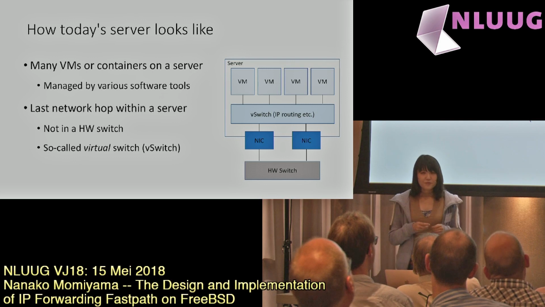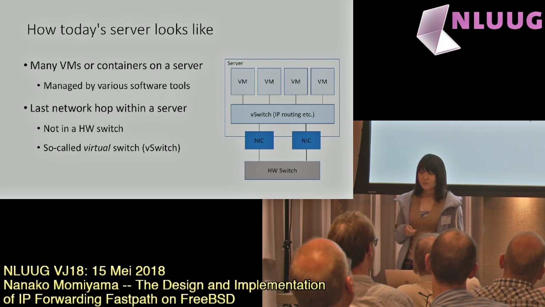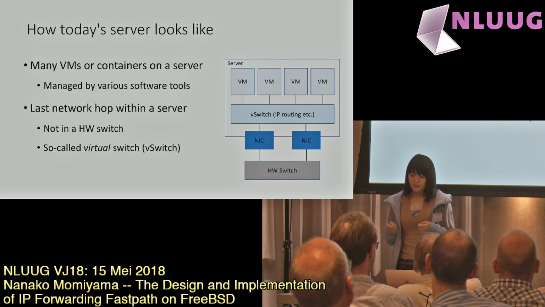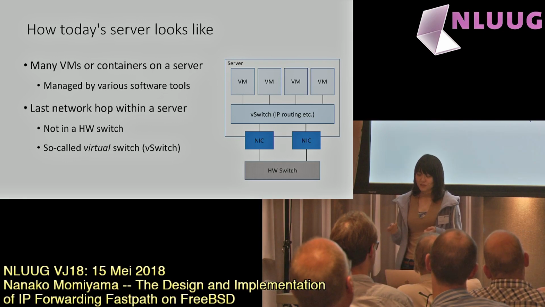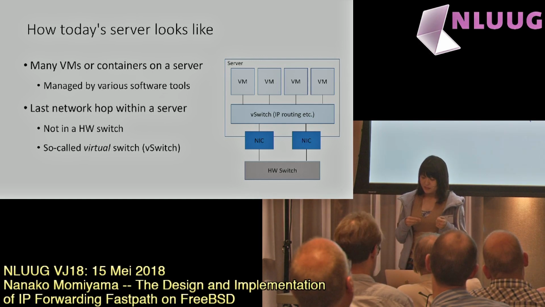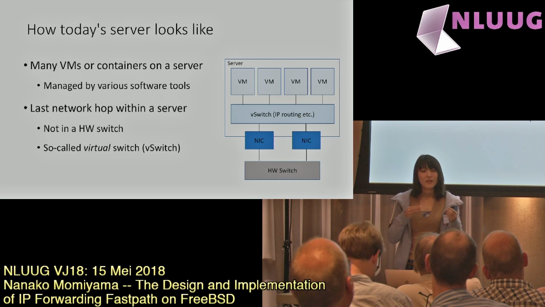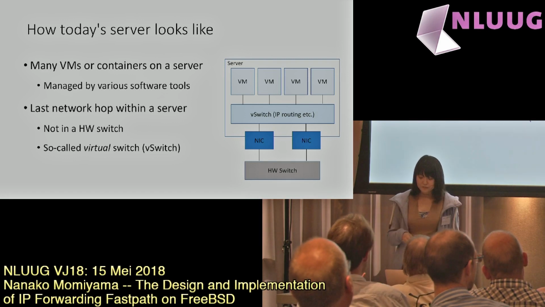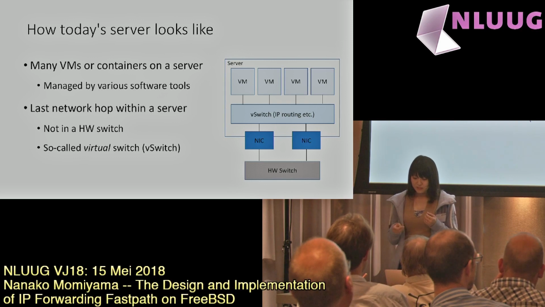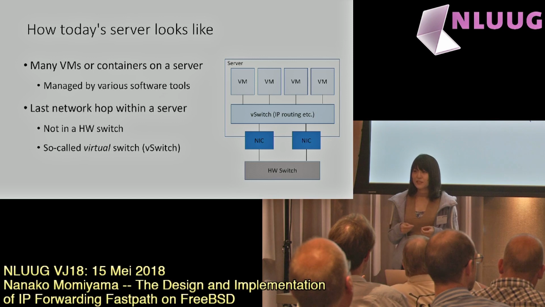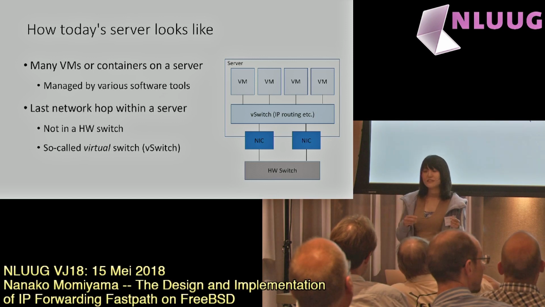The big difference between the previous non-virtualized server and today's virtualized server is where the last network hop happens. In the previous one, the last hop is the hardware switch, which is located outside of the server. But in today's case, the last network hop is within the server.